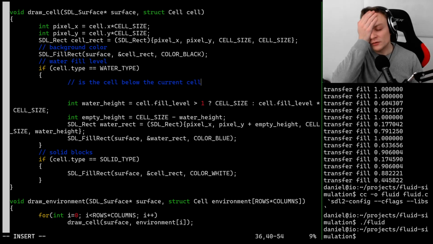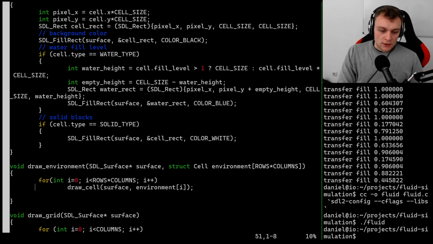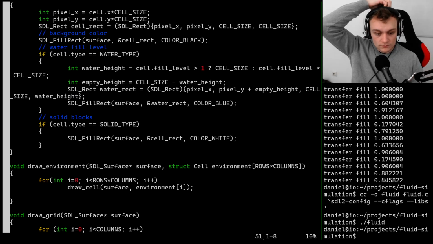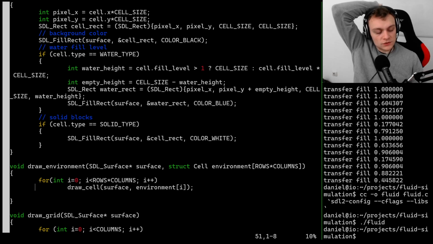We don't know about the cell below. So the question is practically, is the cell below the current cell completely filled? If not, fill it.